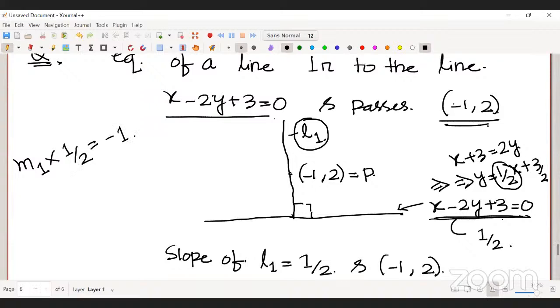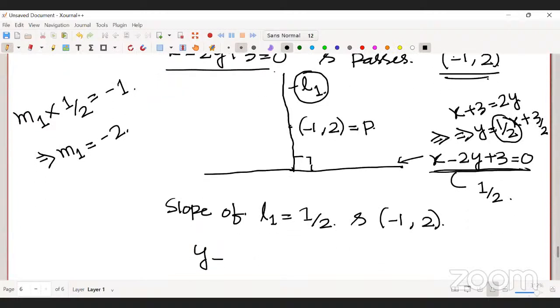So M1 is minus 2. Now it's clear how I'm getting the slope of L1 to be minus 2.